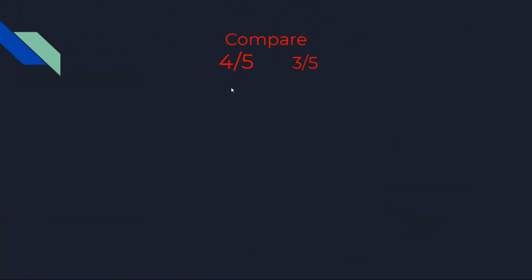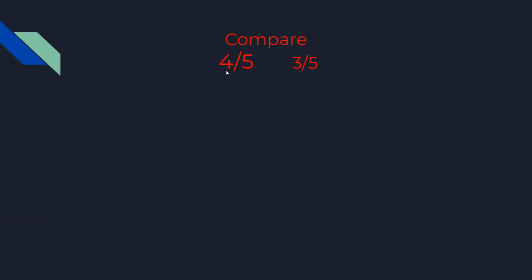Now, first of all, we will compare 4 upon 5 and 3 upon 5. Look, students, these are like fractions because the denominator is the same. If the denominator is the same, we will see the numerator.